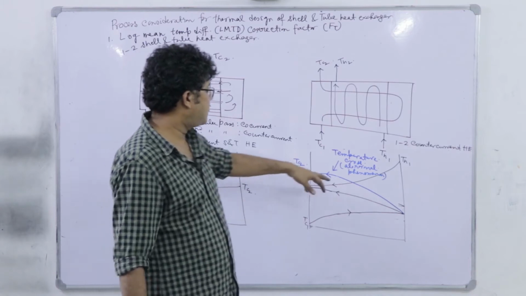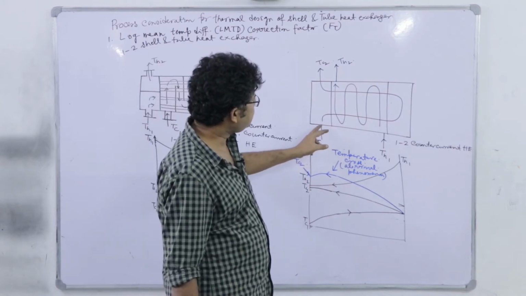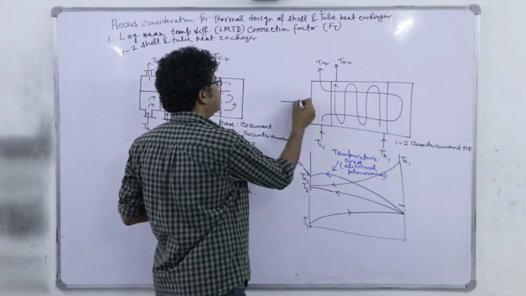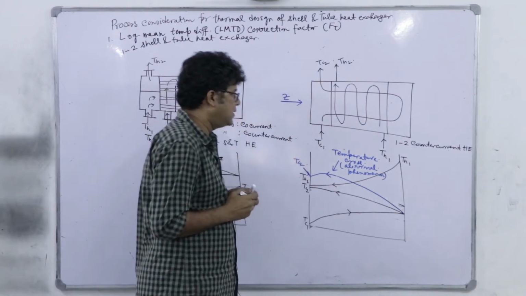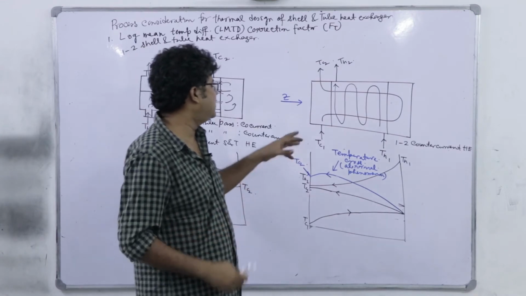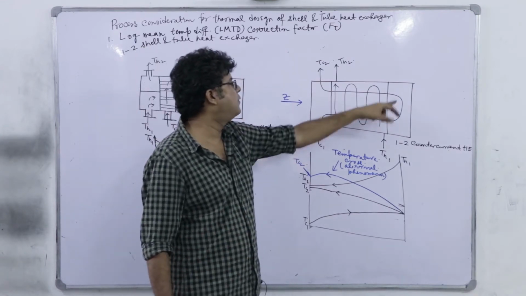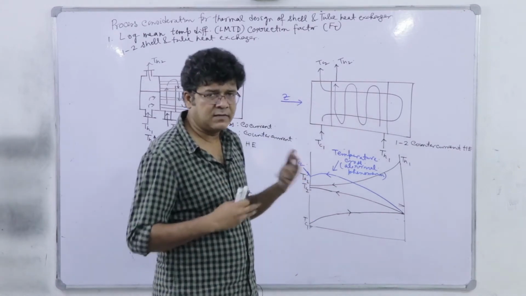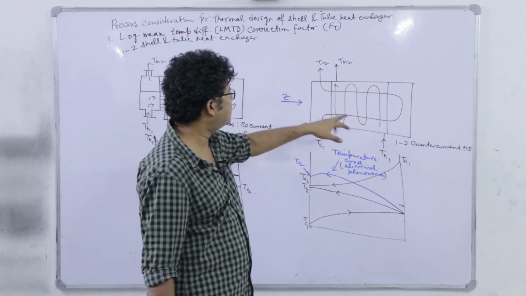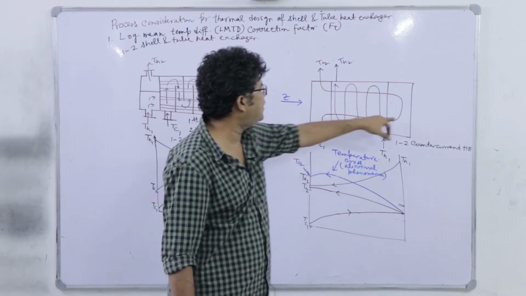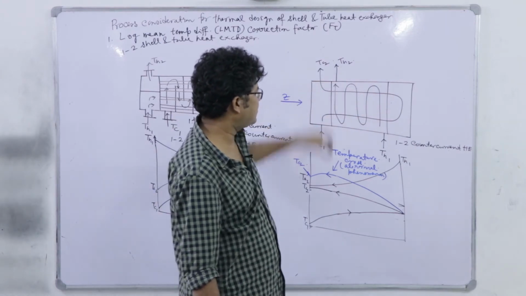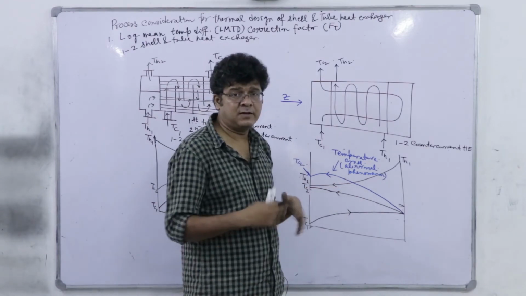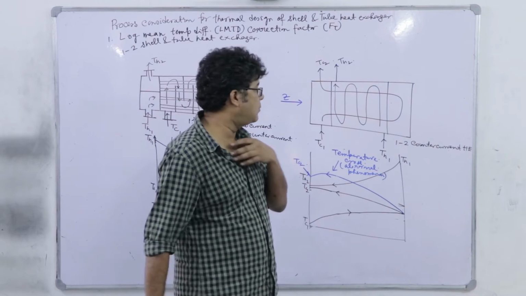So, you see that actually the linear velocity, if I think of this as z direction, right, the z directional velocity of the tube side cold fluid is much higher than the negative z directional velocity of the shell side fluid, because the path here is a straight path and here it is a zigzag path, right.